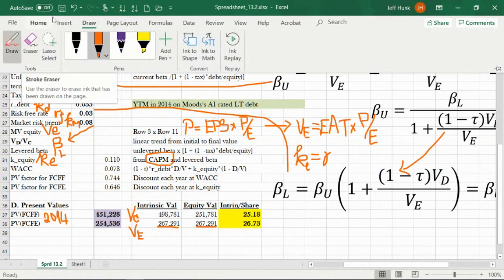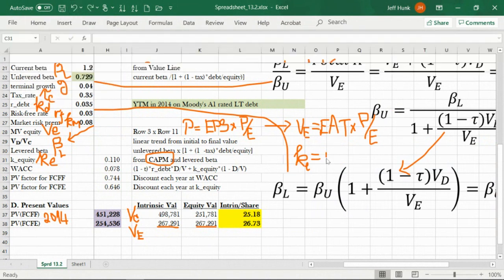Risk-free return, RF, plus market risk premium, right, which is average return on the market minus RF. That looks like gamma, but that's not gamma. R, right, times beta.